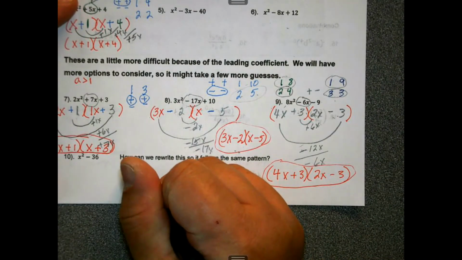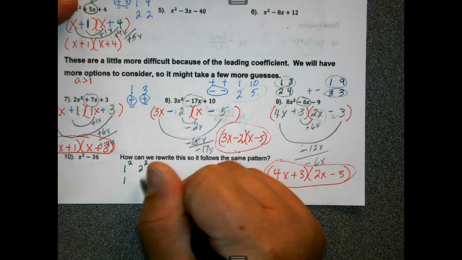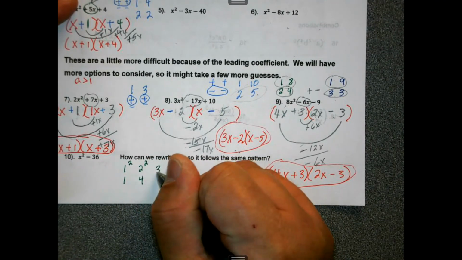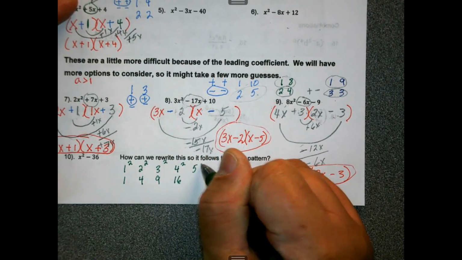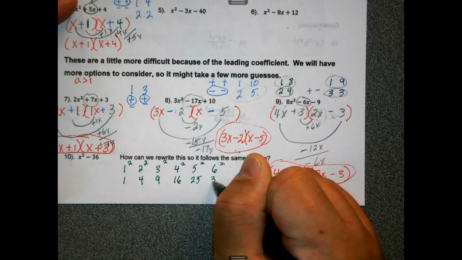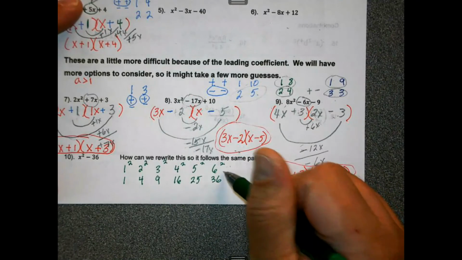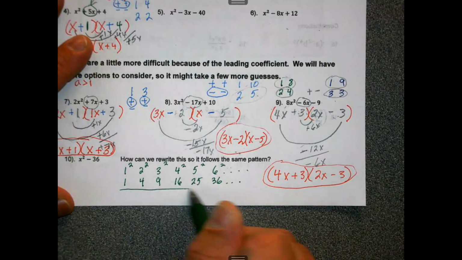Well, that means 1 squared is 1, 2 squared is 4, 3 squared is 9, 4 squared 16, 5 squared equals 25, 6 squared equals 36, so on and so forth. It's a number times itself. That's what squared is. These are called the perfect squares.